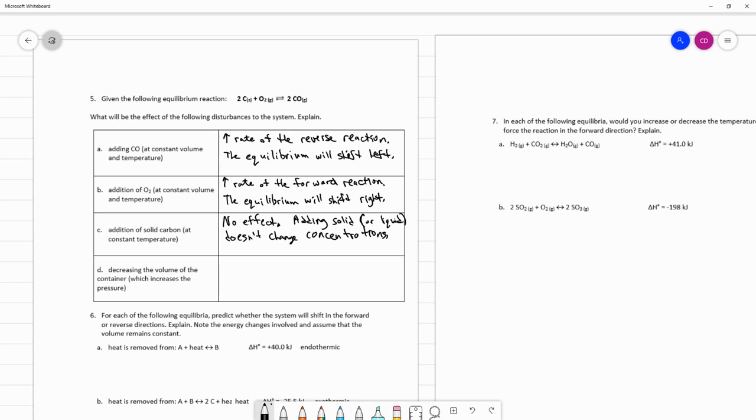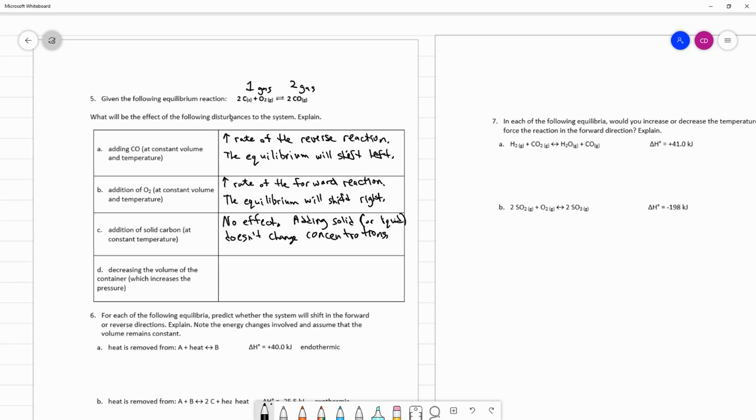Decreasing the volume of the container. So we got to add up the gas molecules on each side. So the left side has one gas molecule, the right side has two gas molecules. And we can see here that decreasing the volume will increase the pressure. So this will cause the reaction to shift left.